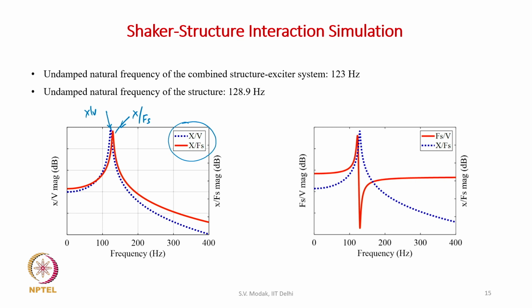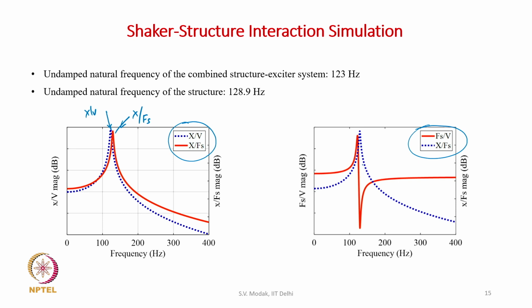In the figure on the right, we are now overlaying the graphs of Fs upon V and x upon Fs. The peak in the x upon Fs FRF gives the true natural frequency, and we see that the graph of Fs upon V drops severely when the frequency is equal to the natural frequency.